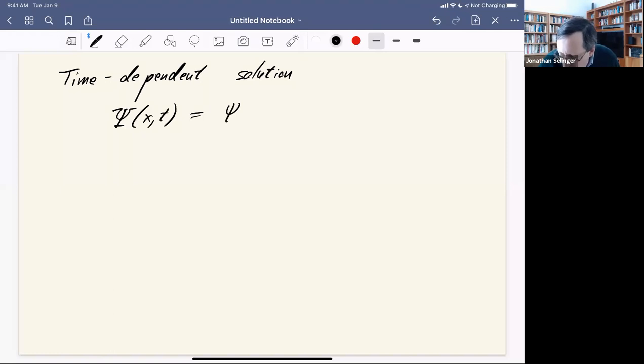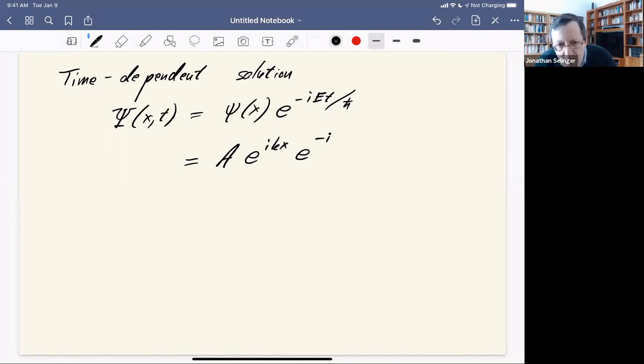So that's the lowercase psi of x times e to the minus i energy time over h bar. So this is a coefficient times A e to the ikx and e to the minus i. If I put in what the energy is now, and I cancel a factor of h bar, I get h bar k squared over 2m times time.